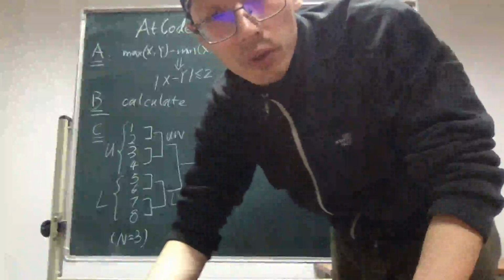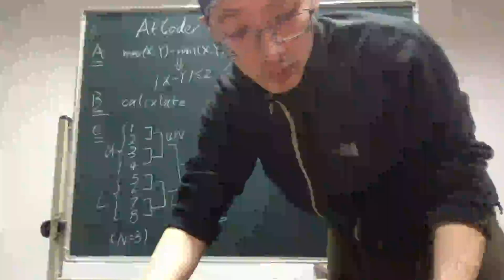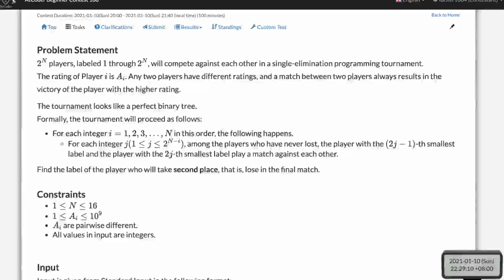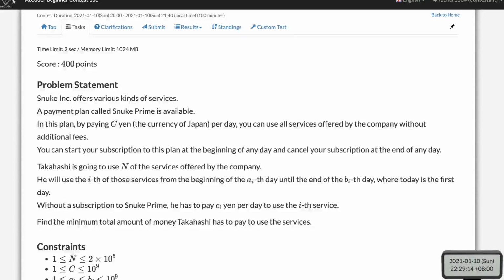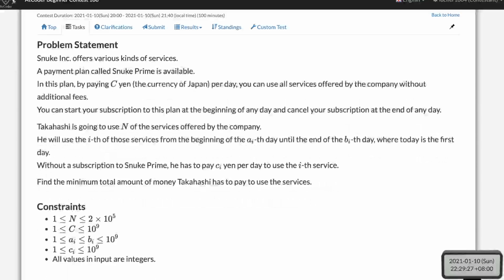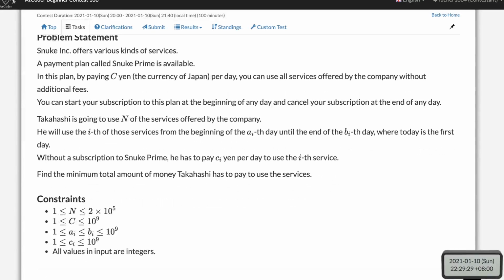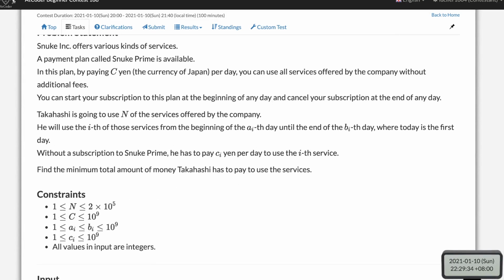Now let's move on to problem D, Snuke Prime. In problem D, we need to use n services, and each service will last from the Ai-th day until the end of the Bi-th day.